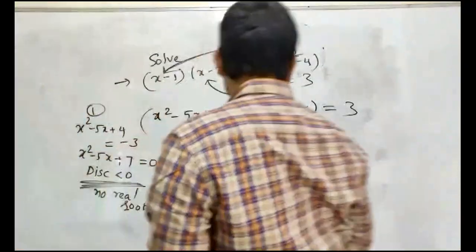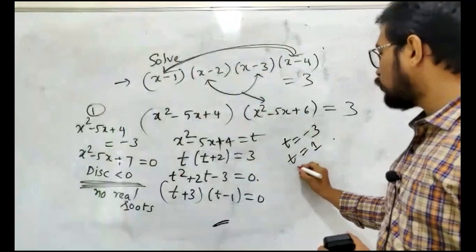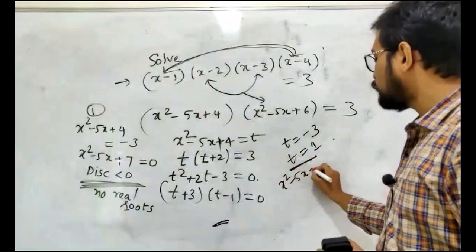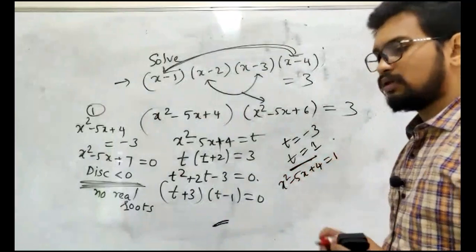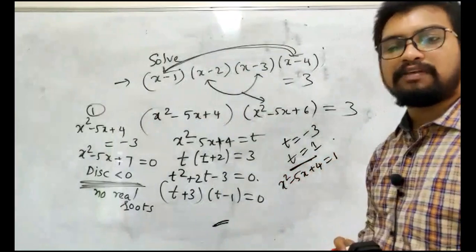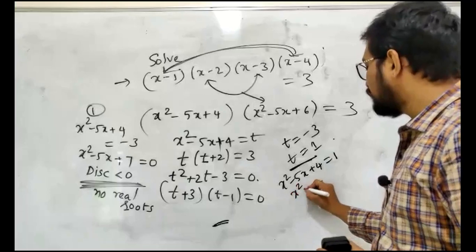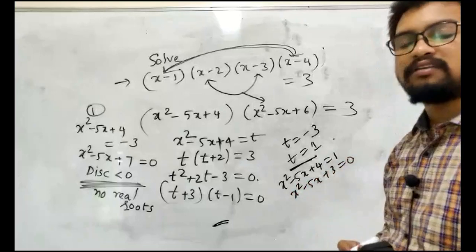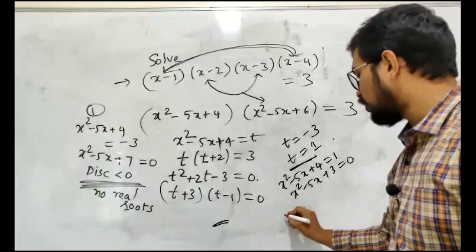Next. Now, what if I take t is equal to 1? You get x square minus 5x plus 4 is equal to 1, so x square minus 5x plus 3 is equal to 0. So what are the roots?